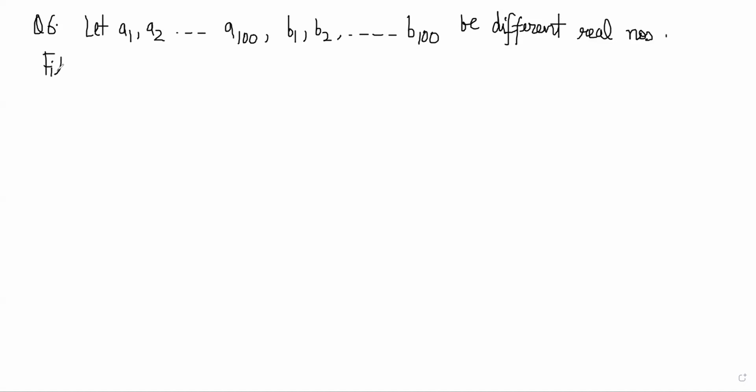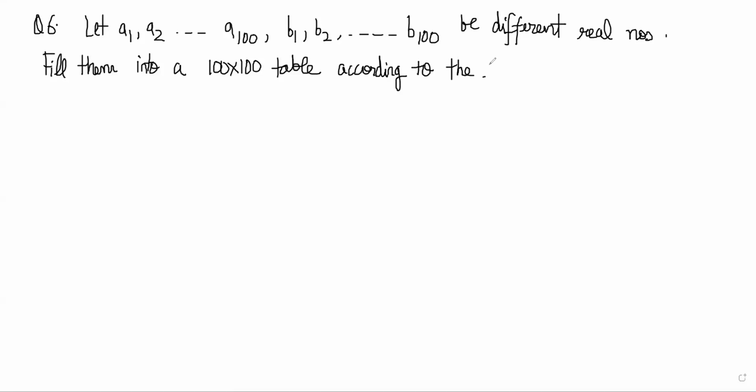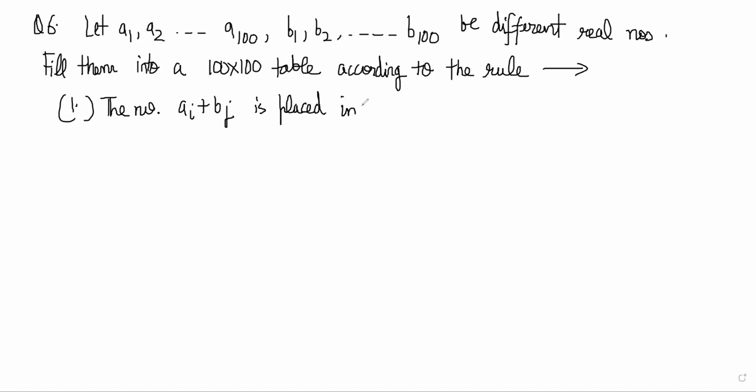Fill them into a 100 cross 100 table according to the following rule. What is the rule? The number Ai plus Bj is placed in row i and column j.